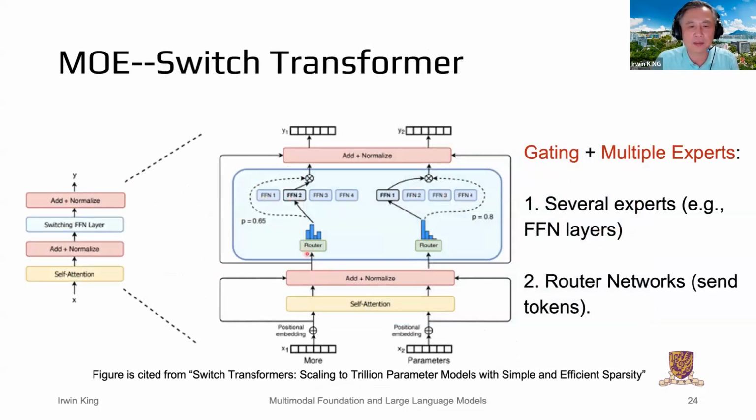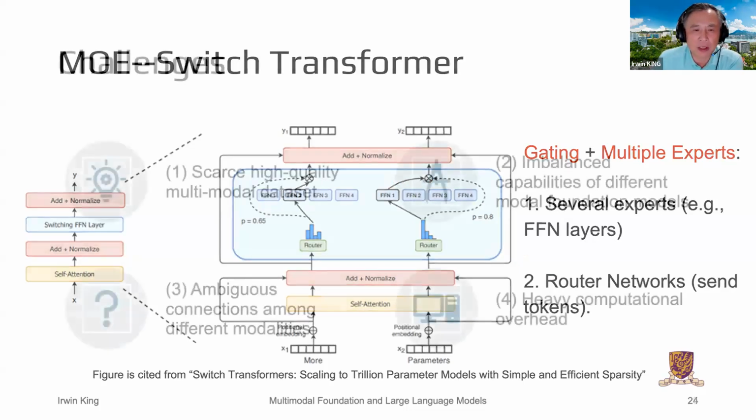The router basically will route. These are the gating networks, and they send the input tokens into these networks so that the results can be added and then normalized before they go out as the output. This is what we call the switch transformer gated network for mixture of experts. So that is one way of doing it.